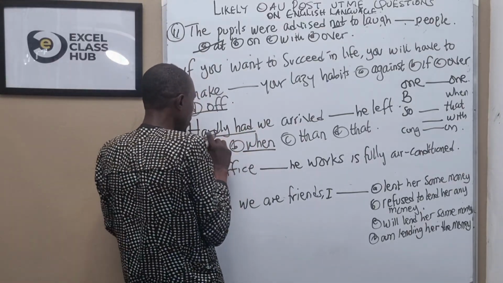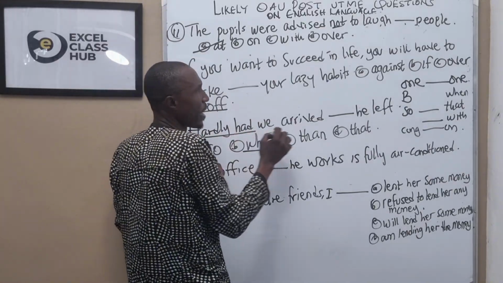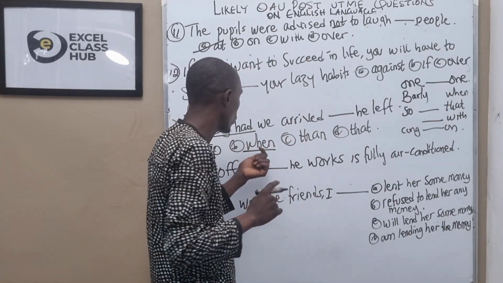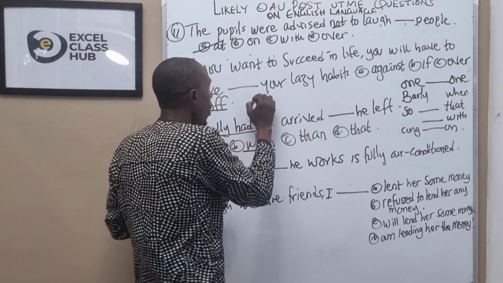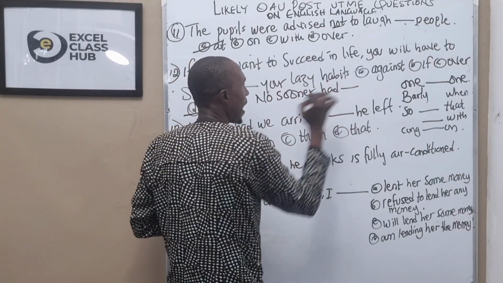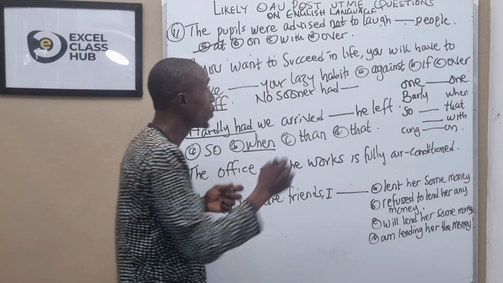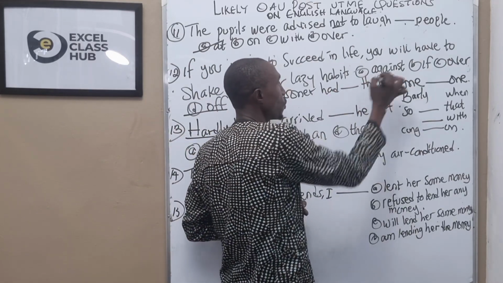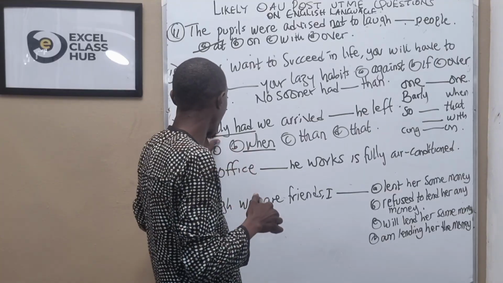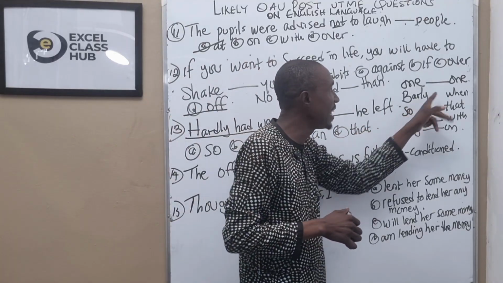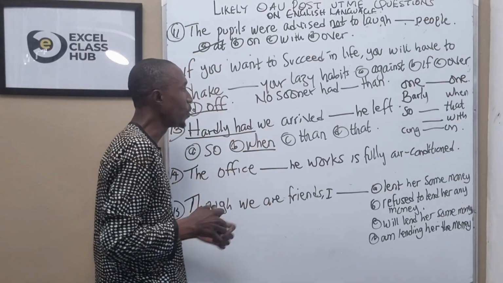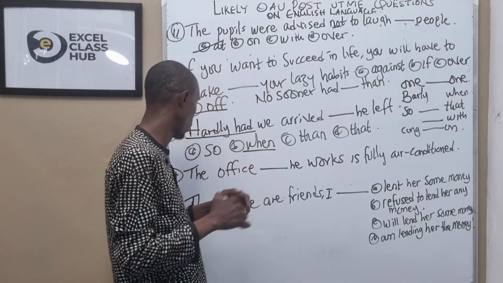Whenever you see the word hardly, whenever you see the word barely, both of them go with when. But whenever you see no sooner, it goes with than. But whenever you see hardly, barely, scarcely, the three go with when. So take note of that.